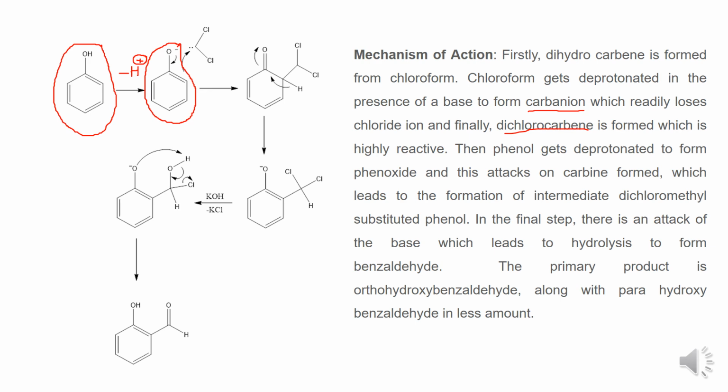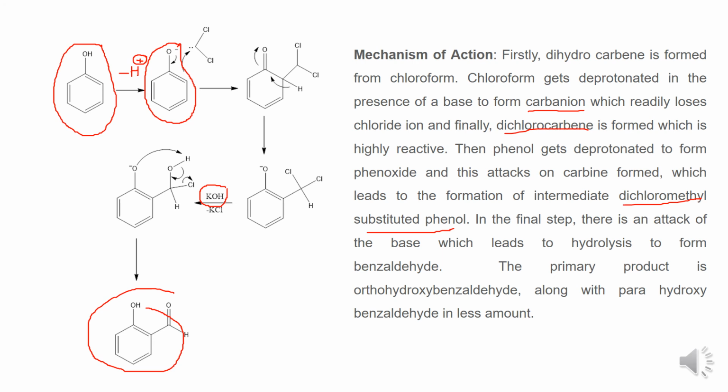This phenoxide attacks the carbene formed in the first step, which leads to the formation of the intermediate dichloromethyl substituted phenol. In the final step there is an attack of base, OH minus, which leads to hydrolysis to form benzaldehyde.